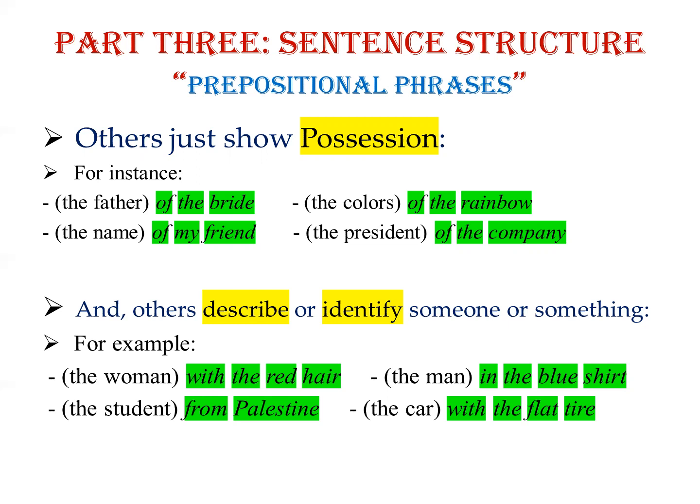The car with the flat tire, which car? This car that has the flat tire. All right, right now I know which car you are talking about. The man in the blue shirt, the student from Palestine. Which student are you talking about? I'm talking about the student that came from Palestine. So from Palestine is a prepositional phrase that is used as a description or to identify someone or something.